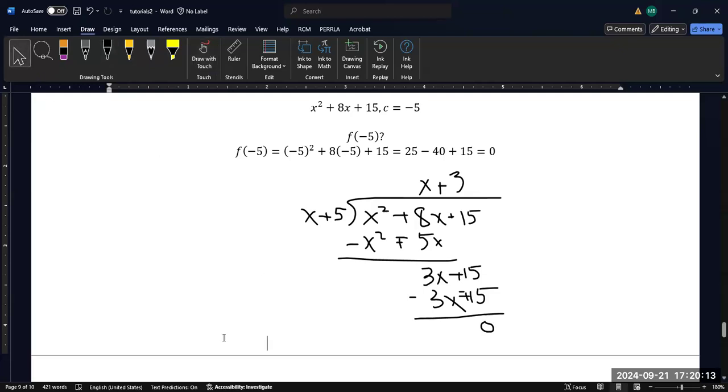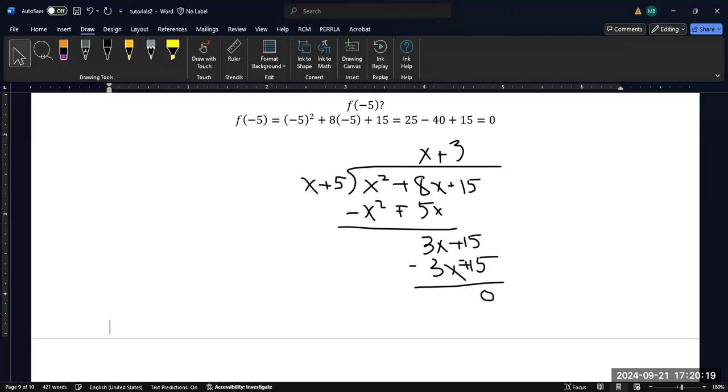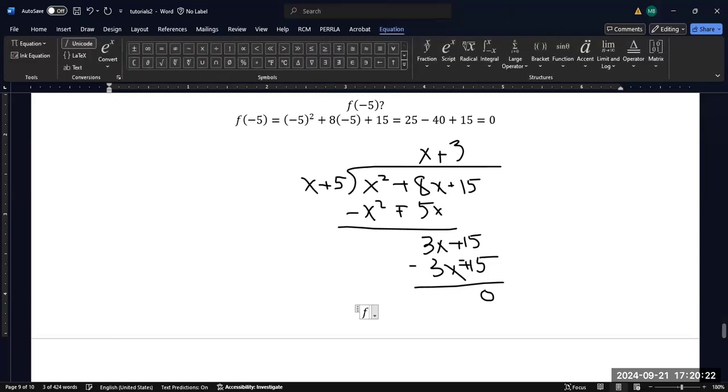So again, remember, what does this mean? This means that f of x, which was x squared plus 8x plus 15, can be written as a factor, x plus 5, and something else.